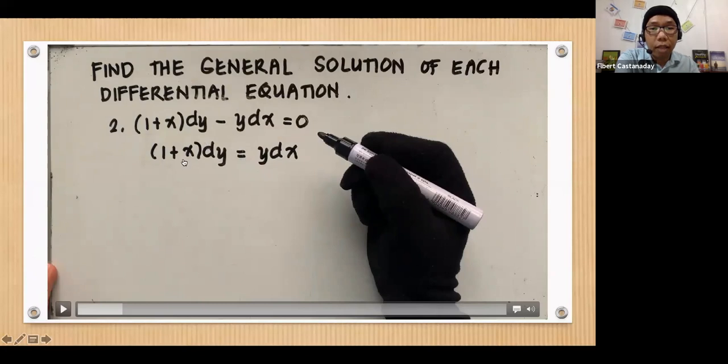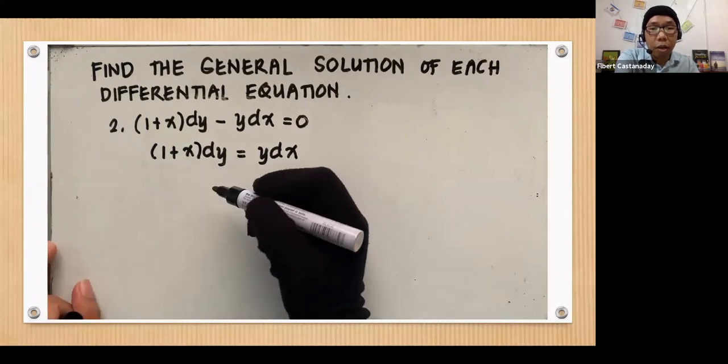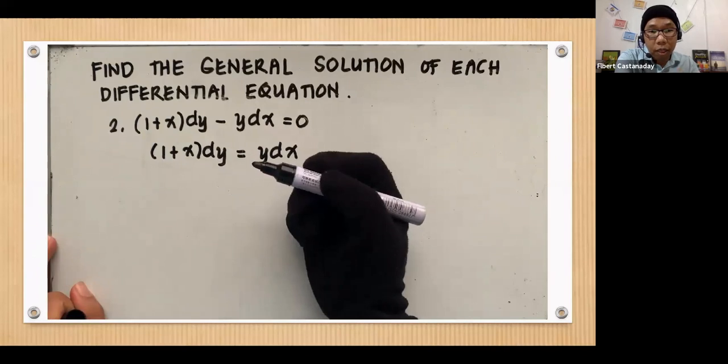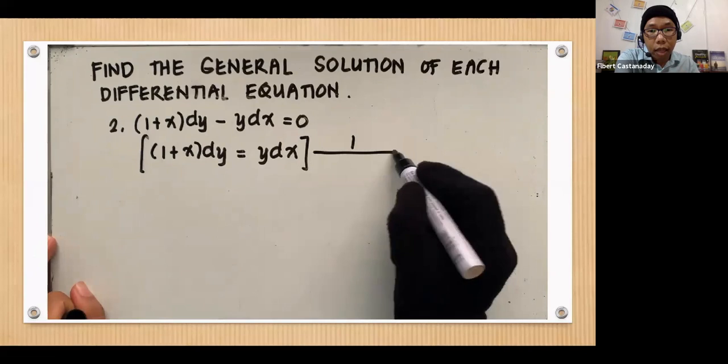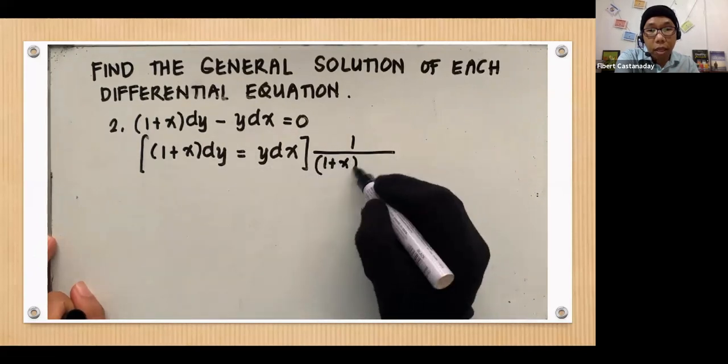On the left-hand side, you have dy, and it's not a pure function of y, so you need to eliminate 1 + x here. So you divide both sides by 1 + x, and on the right-hand side, to remove y there, you divide both sides by y.